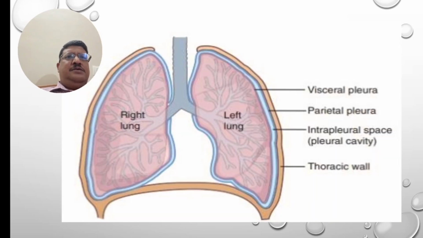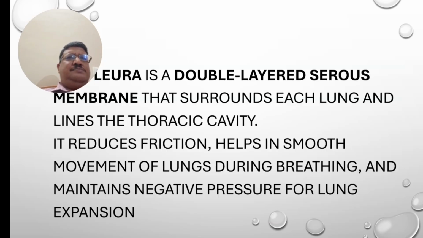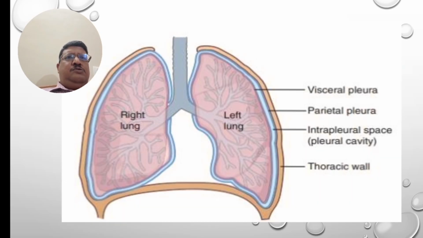Now coming to the pleura. What is pleura? This is the structure of the pleura. It is divided into 2: visceral pleura and parietal pleura, and in between there is the intrapleural space, that is the pleural cavity.